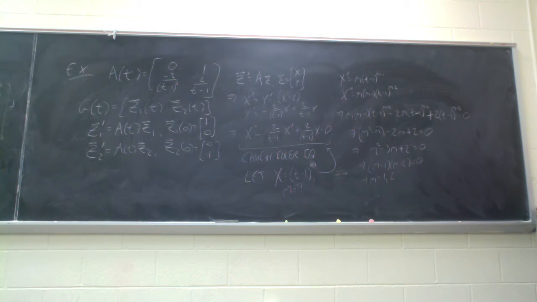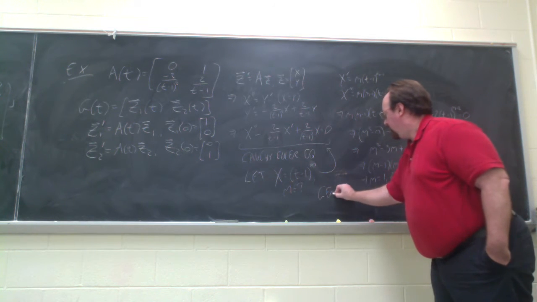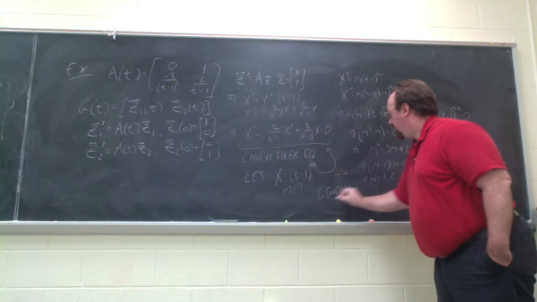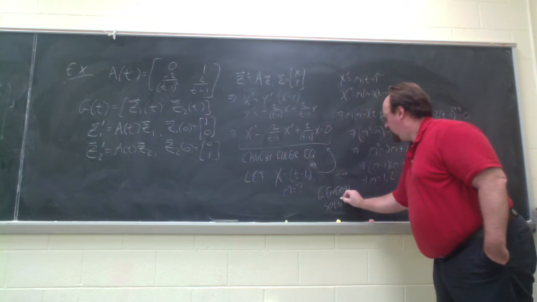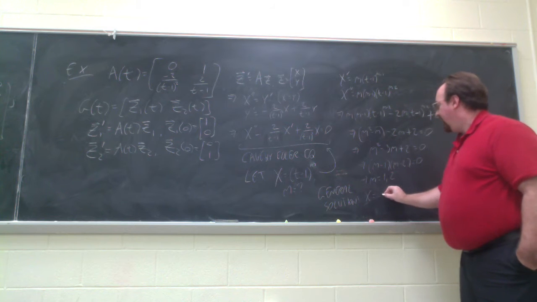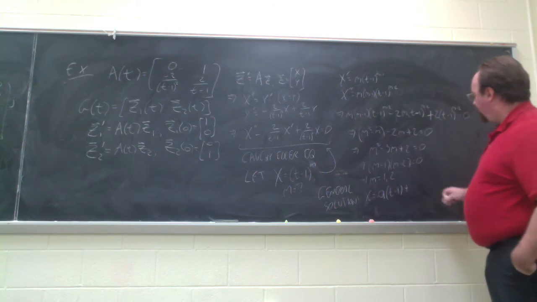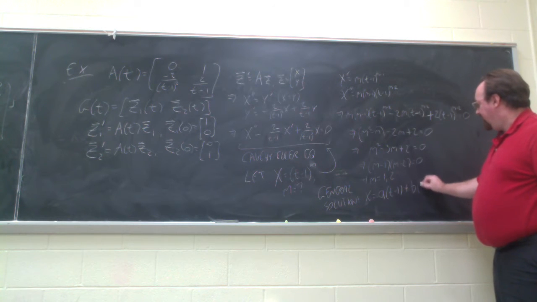And from there, we can describe a general solution. That would be x is some constant a times t minus 1 plus another constant b times t minus 1 squared.